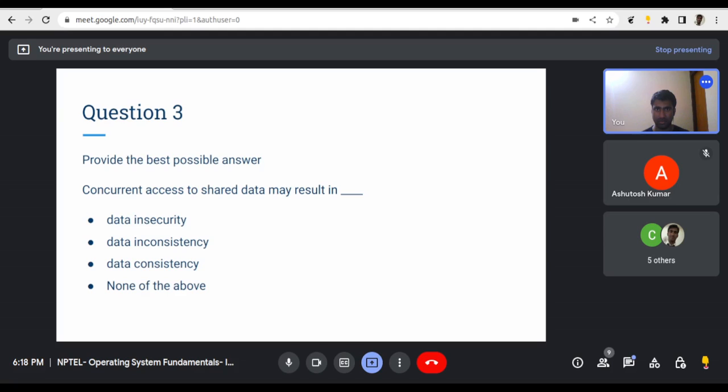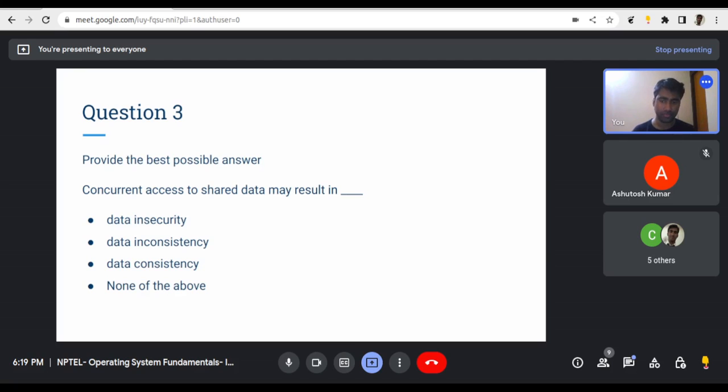Changing, accessing or writing data is not a one-step process. There are multiple steps involving bringing the data into the registers, then making the change, suppose addition, multiplication, subtraction, things like that, and then putting it back from the register to the storage location. So that is a multi-step process.